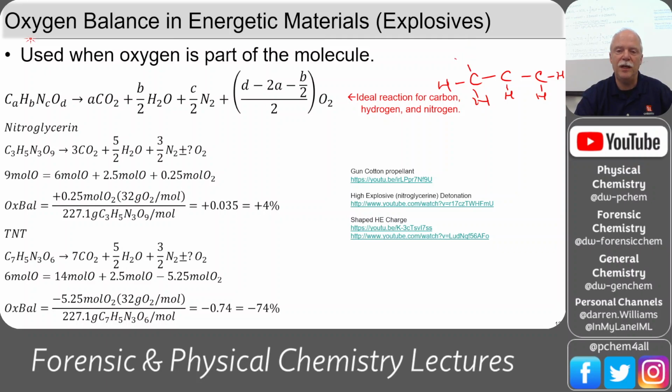And so it would be an NO3 group here. So that's nitroglycerin. Incredibly dangerous molecule. There are all those three nitrogens on there. The smallest little activation barrier in this thing explodes.